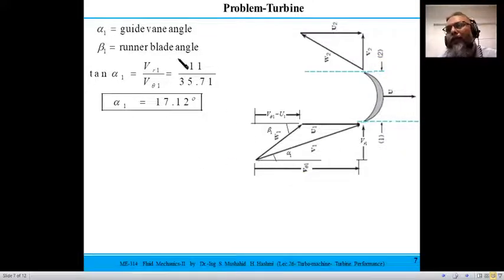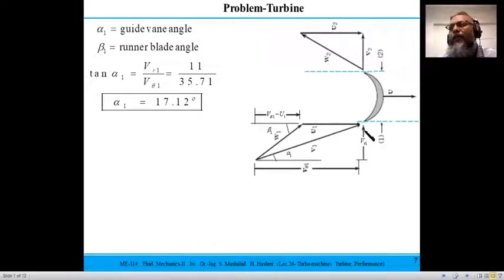It's not drawn to scale, but you should try to draw it on a scale so that you have some feeling for it, because I have copied the velocity triangle from some books. Typically alpha 1 comes out to be 17.12 degrees, a small angle. Here a bigger exaggerated view is shown. That is the guide vane angle, which is one of the unknowns to work out.